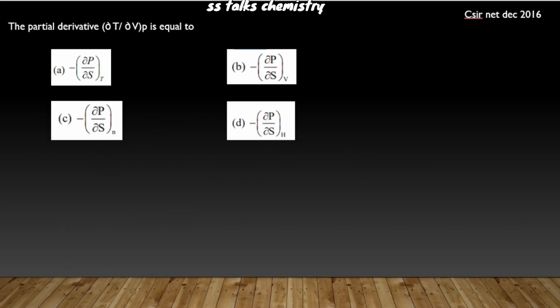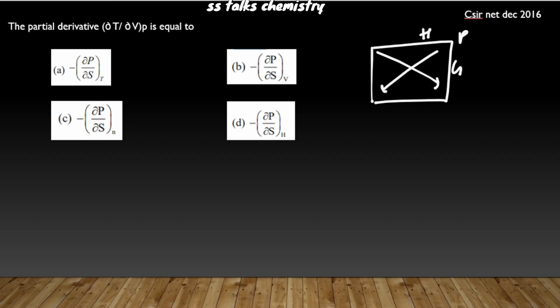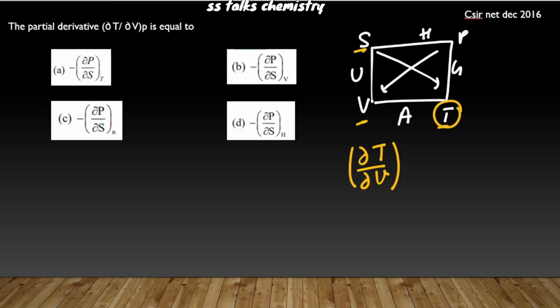The question asks for the partial derivative del T by del V at constant pressure. Now if I look at the Maxwell square for this, this is the mnemonic that we make use of. Here is del T by del V, and opposite of temperature is the entropy term.